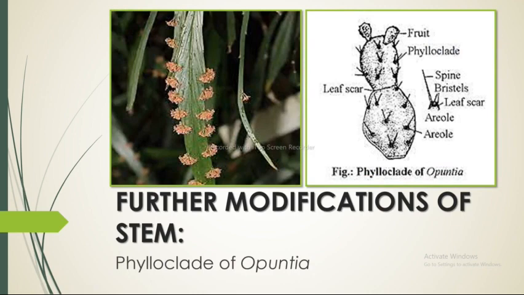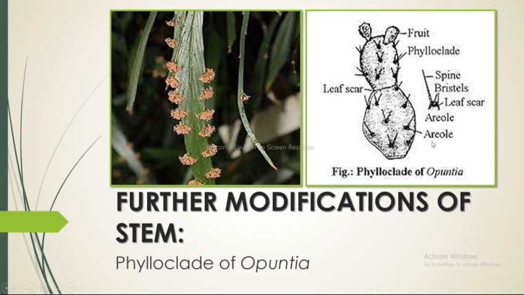Further modifications of the stem include the phylloclade of Opuntia. In this figure, you can see the fruit, the phylloclade, the leaf scars, and the spine bristles. This is the leaf scar and areole.